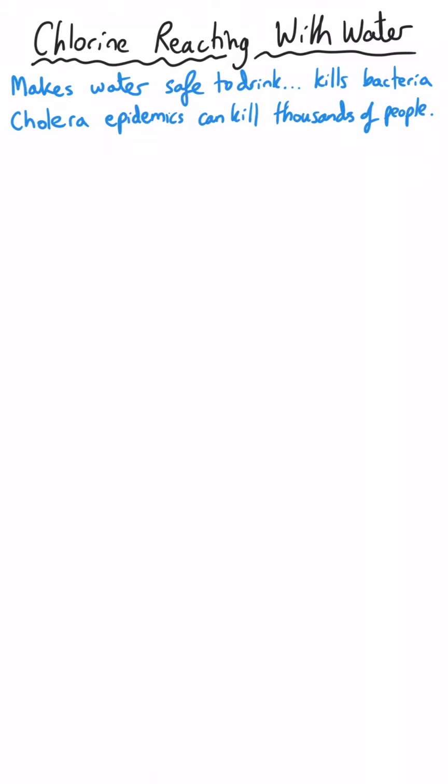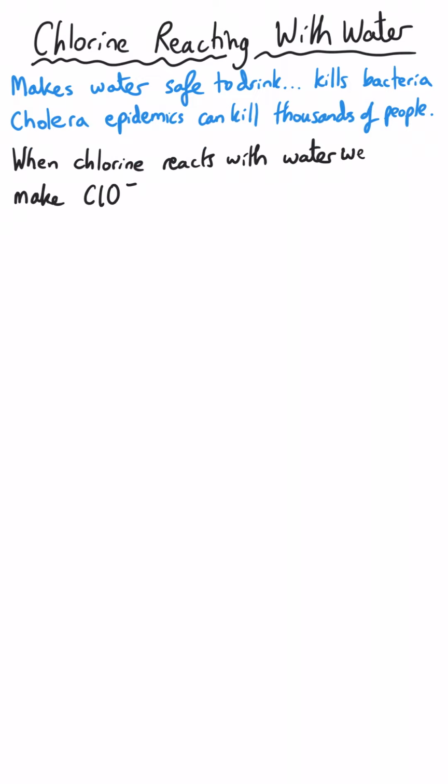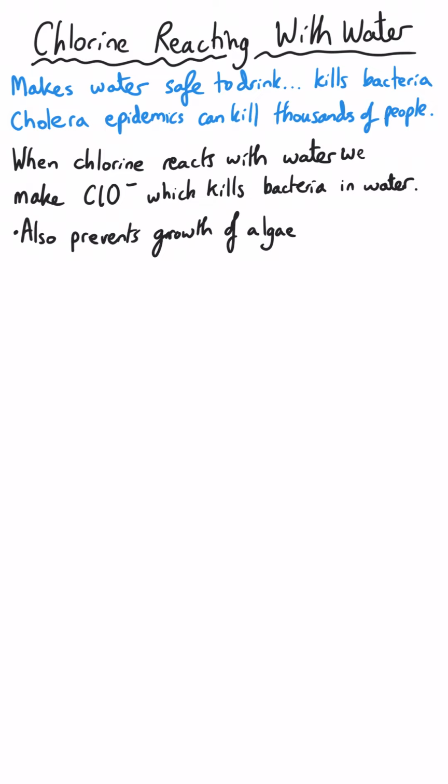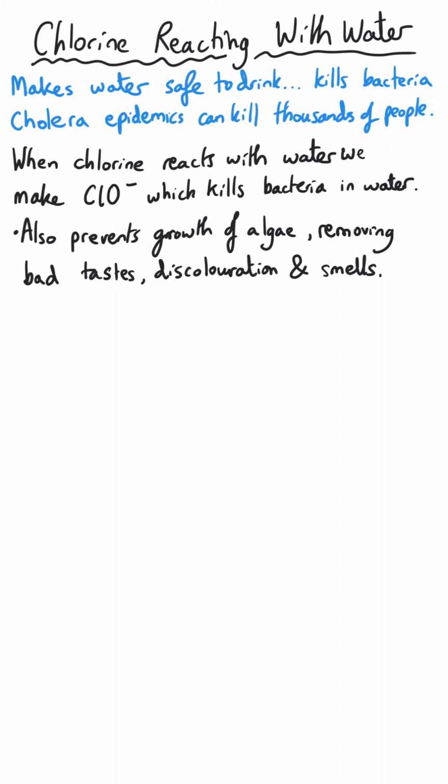And we use chlorine to overcome that by reacting chlorine with water and producing a chemical that is going to kill the bacteria and prevent humans from getting these diseases. Not only does it kill bacteria, it also prevents the growth of algae and thus eliminates bad taste from the water and removes any discoloration that could end up affecting the quality of our drinking water.